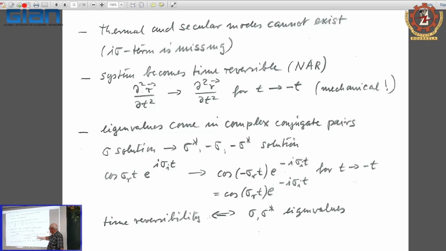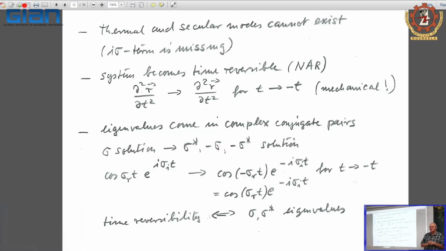Because once we have sigma as a solution, also its complex conjugate is a solution, we have in our manifold of solutions also a term which goes to e to minus i sigma_i t.